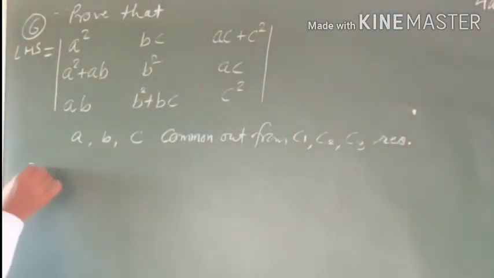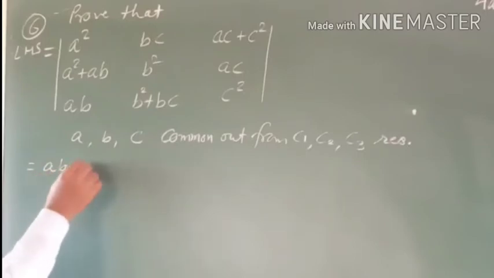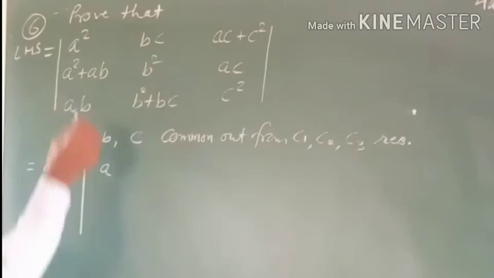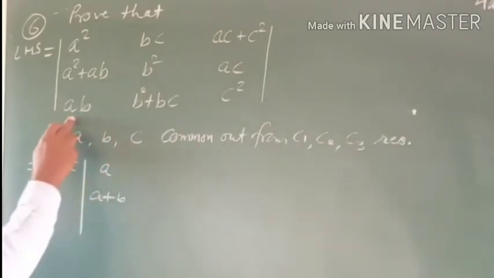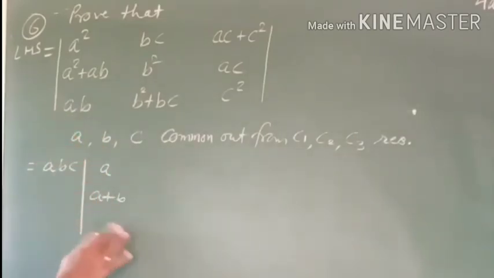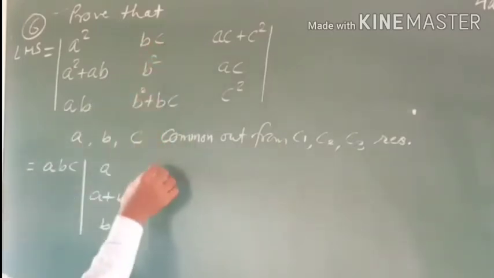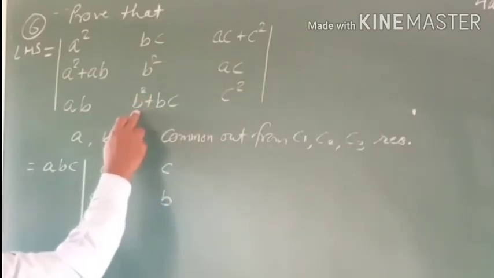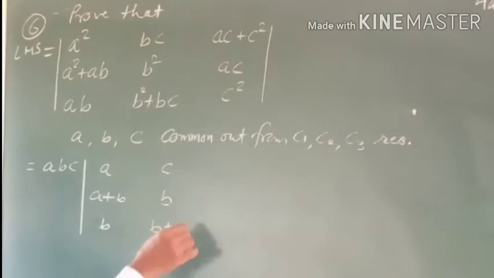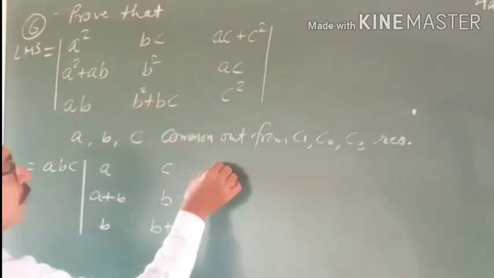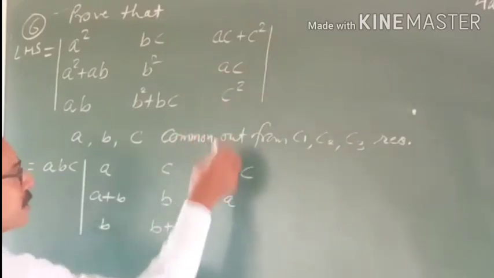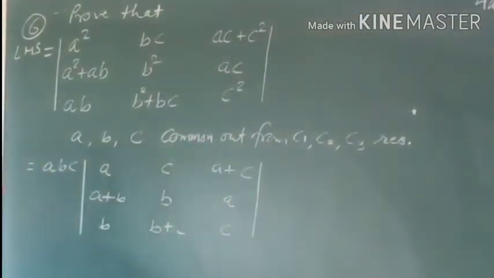So a, b and c right here. a is common, only a remaining. Here a is common to a plus b, only b remaining. From the second column b is common, only c remaining. Here b is common, so only b plus c. And c is common, so a plus c. c is common, so only a, and c is common, so only c.